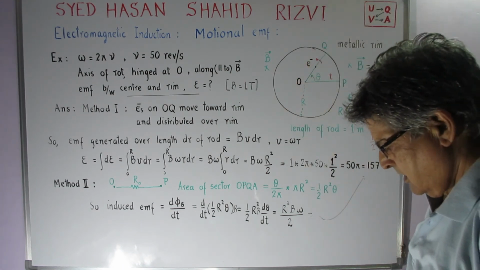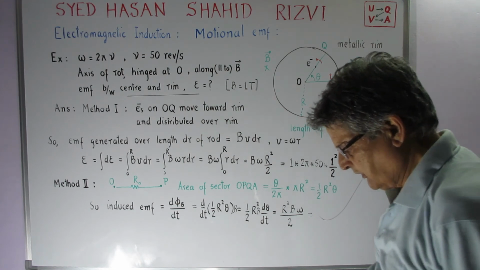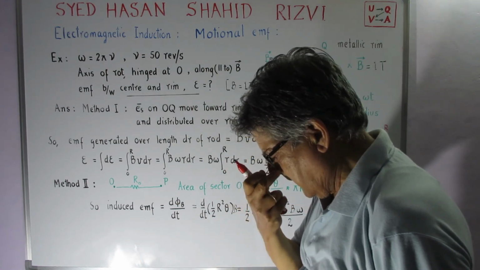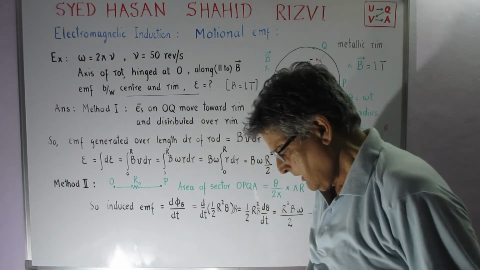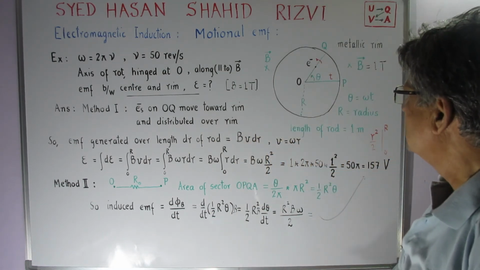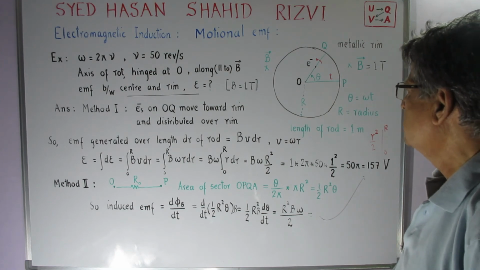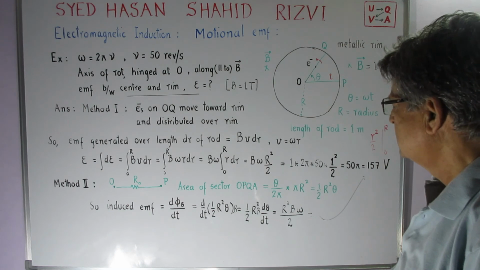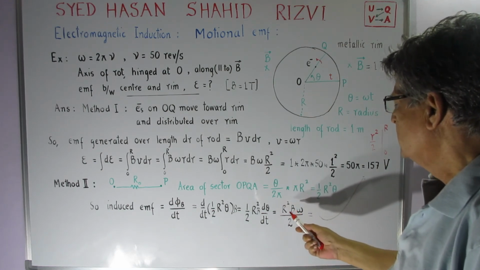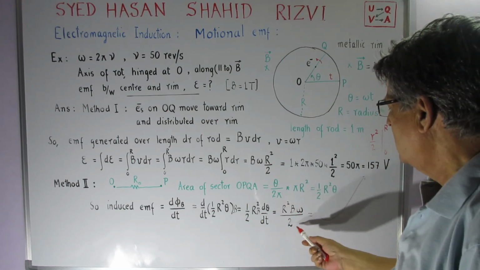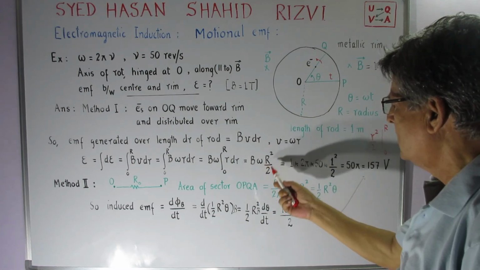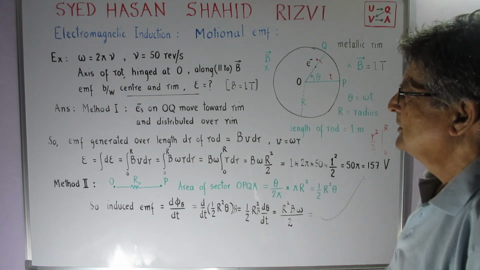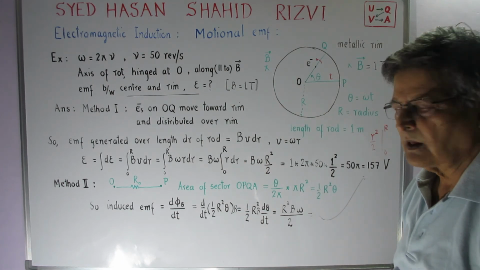The EMF which is generated when the bicycle wheel is moving in a uniform magnetic field is given by r square B omega upon 2, or B omega r square upon 2, or whatever you want to write, and we are able to solve such a problem.